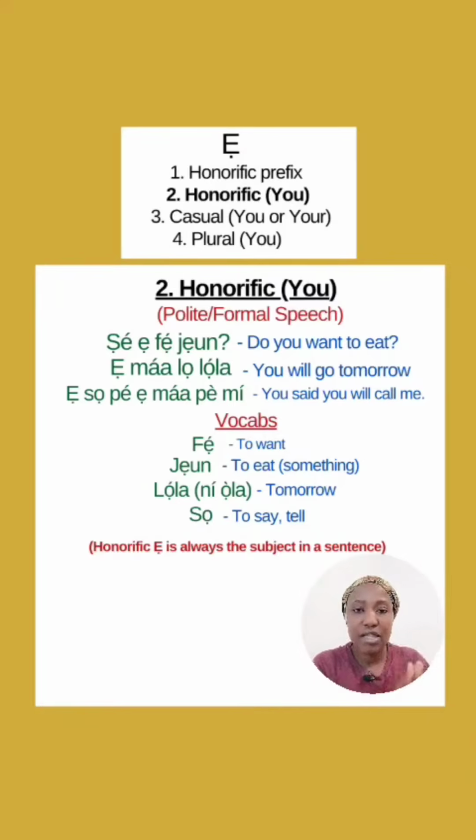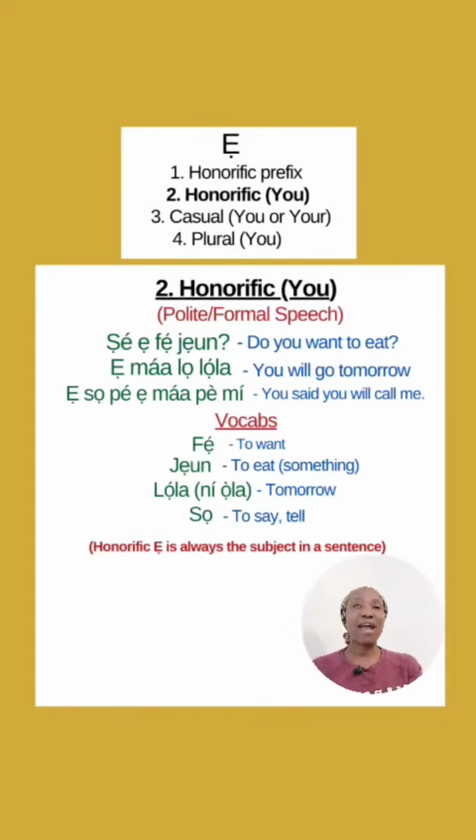Ní ọ̀la, ní will become lí. So you have lọ́la, ní ọ̀la. When you're writing, you can write lọ́la or ní ọ̀la. They are both correct. But when you're speaking, you would hear lọ́la a lot.